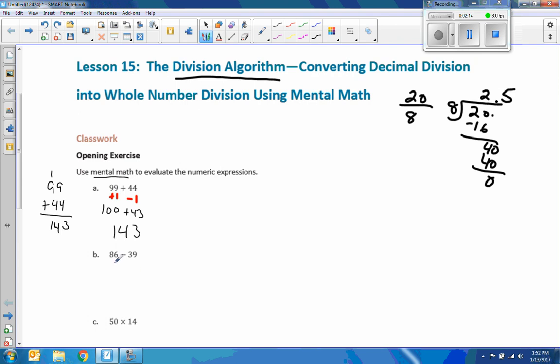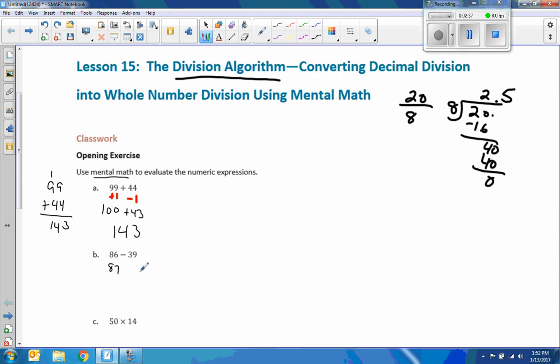Okay? So in this one, let's say 86 minus 39, if I increase both by 1, if I have 87, and the reason I'm increasing both is because this is subtraction. So if you increase 86, that's adding 1. If you increase 39, that means you're subtracting 1 more, which is 40.